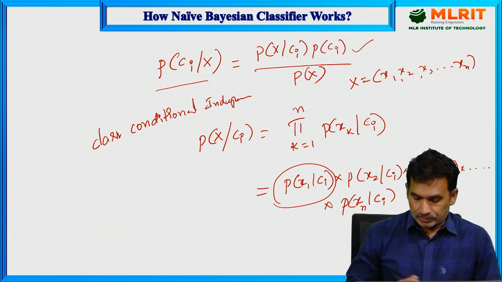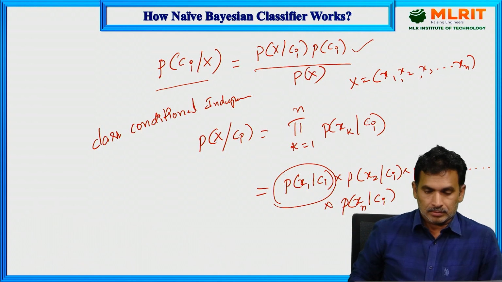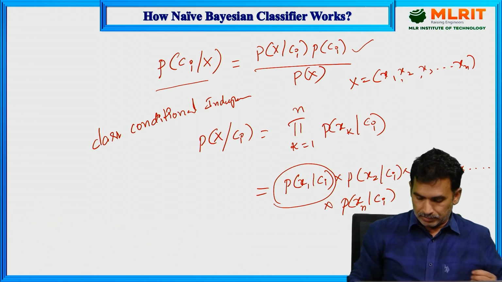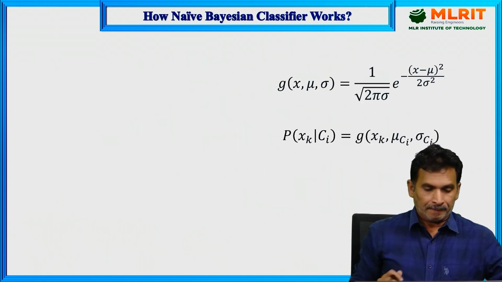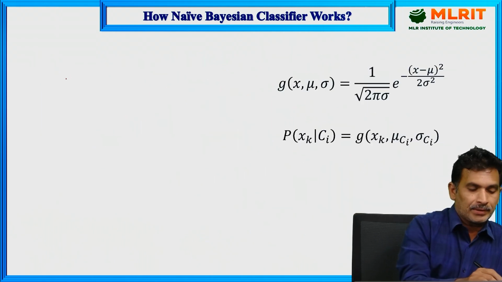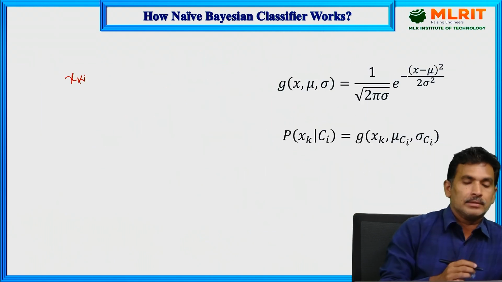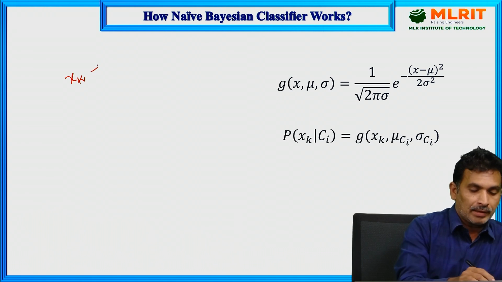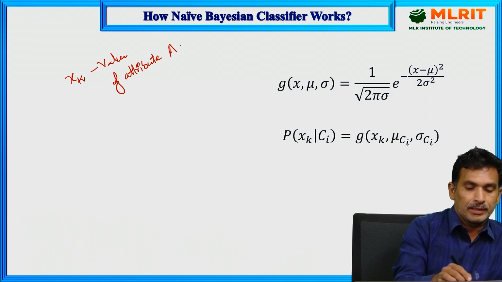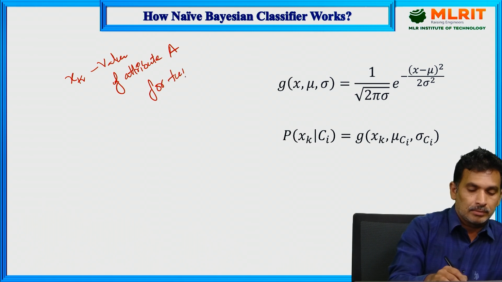Let me take one simple example. Suppose xk is the value of attribute Ak for tuple x.